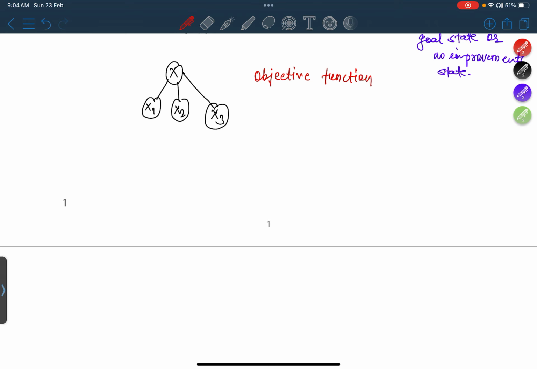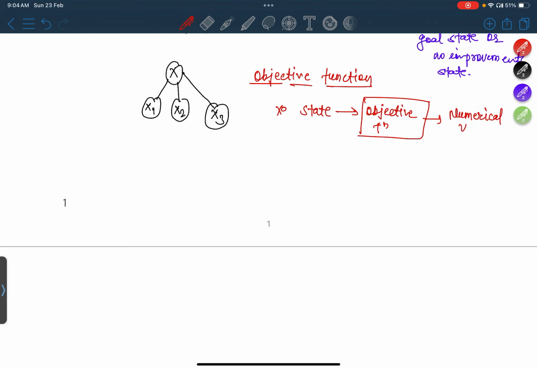This objective function takes a state as an input and gives a numerical value as output.